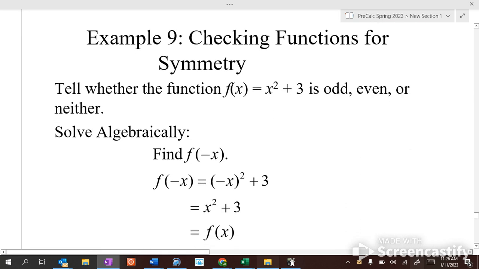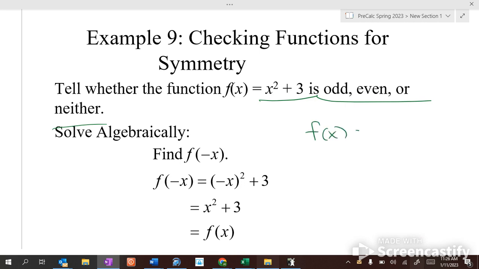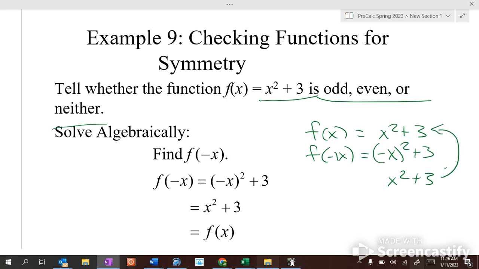Okay, so we're wondering, is this even, odd, or neither? To check if it's even or odd or neither, we figure out what f of x equals x squared plus 3, and f of negative x, if we put a negative x in here, we get x squared plus 3. See how they match.